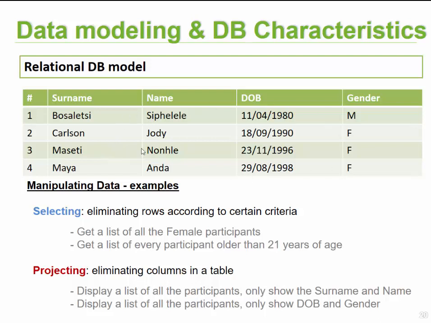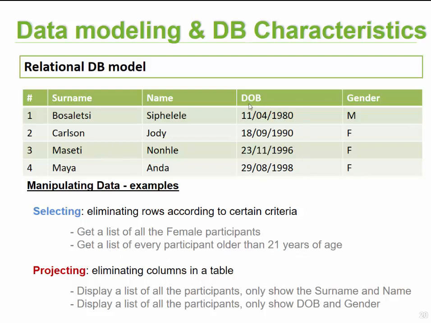So for this data set I can go and say, give me a list of all the female participants, meaning that it's going to give me a list but only show records number 2, 3 and 4 because they are the female participants. Alternatively, I can say, okay, give me a list of all the participants that's older than 21 years of age.